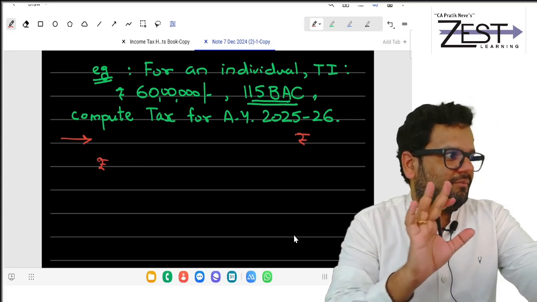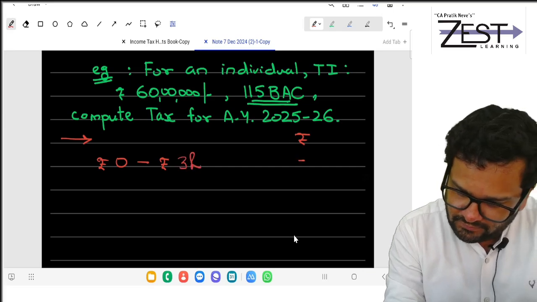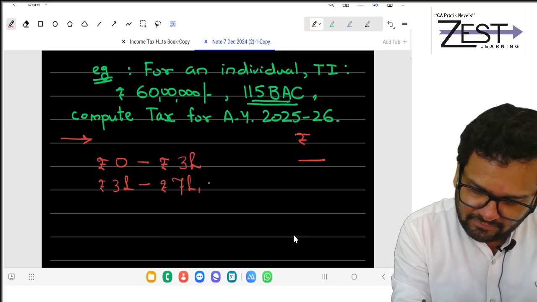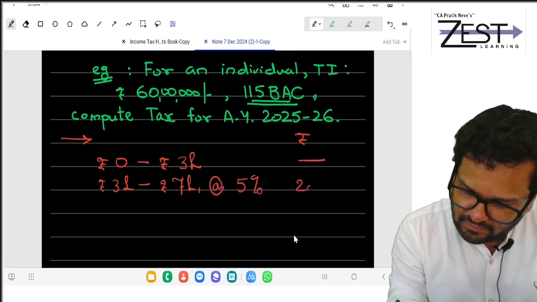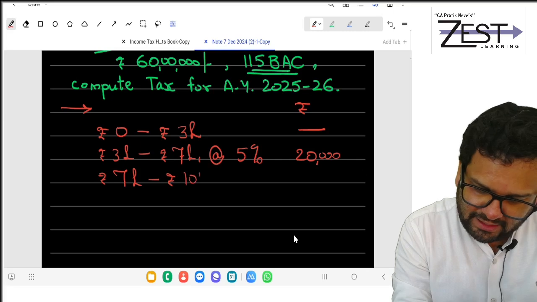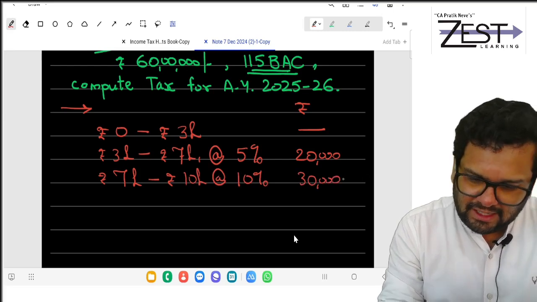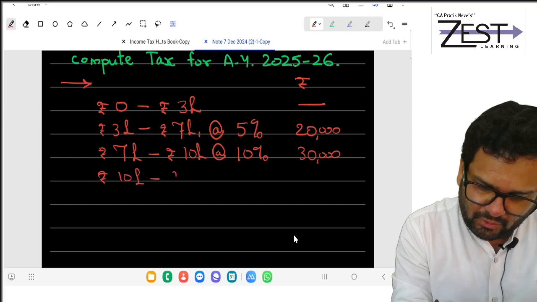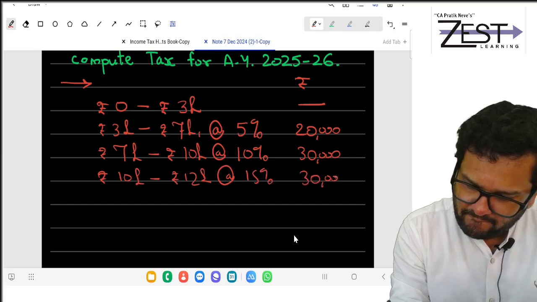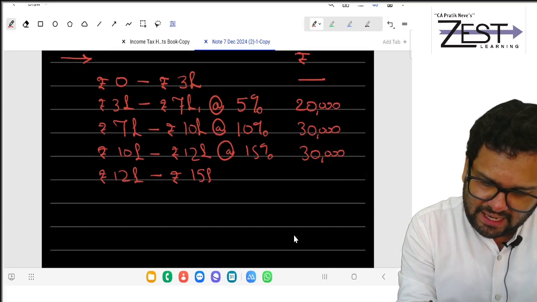Calculate slab by slab: 0 to 3 lakhs, 3 to 7 lakhs, 7 to 10 lakhs, 10 to 12 lakhs, 12 to 15 lakhs.